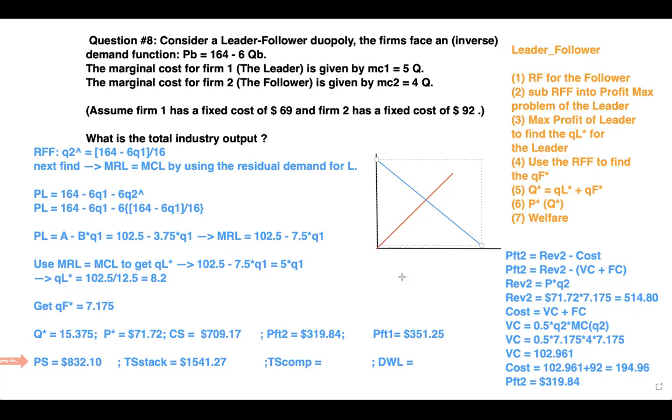Yeah, well, you're doing the total surplus under competition, right? That's what I just drew right here as a competitive market. In fact, I don't think there should be much error introduced by this, because total surplus is going to be the consumer and producer surplus, which hopefully you can see here.